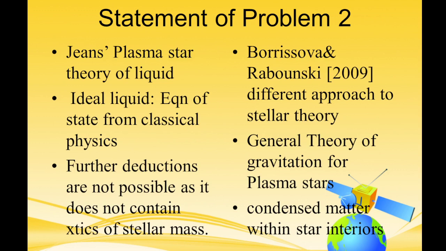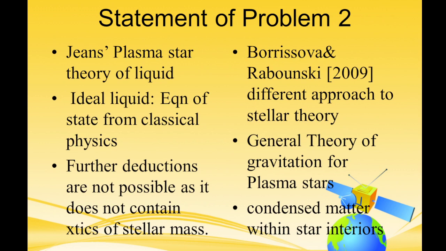So we also have what we call the Jeans plasma star theory, okay, where he looked at an ideal liquid. He looked at the equations of state from classical physics, and further deductions are not possible as it does not contain characteristics of stellar mass.